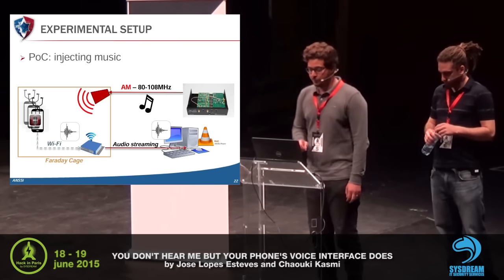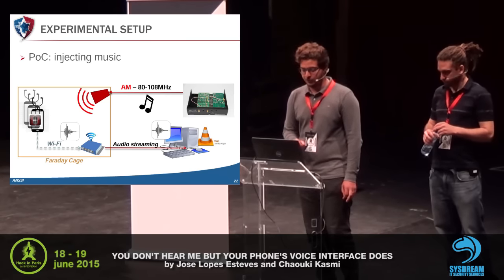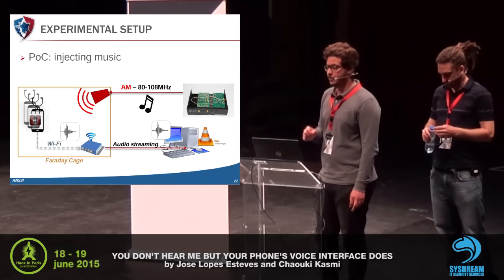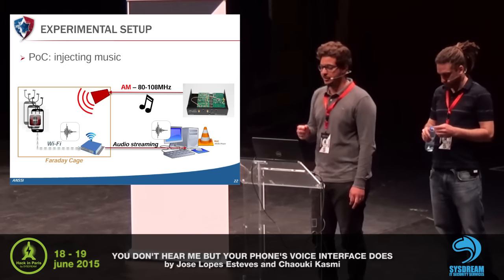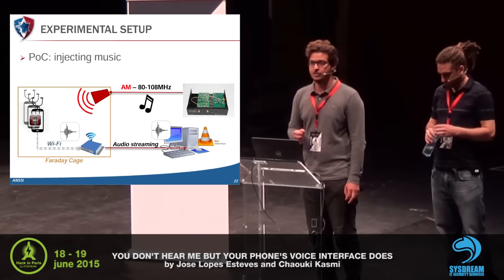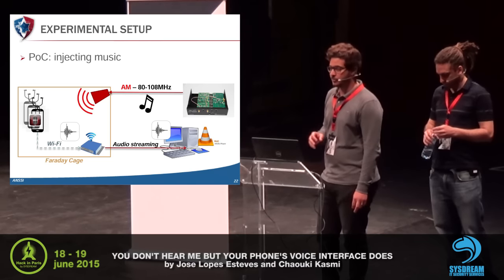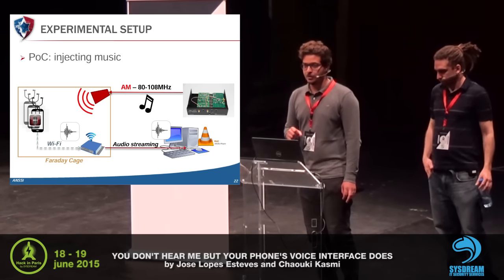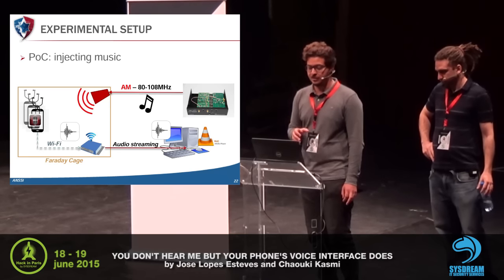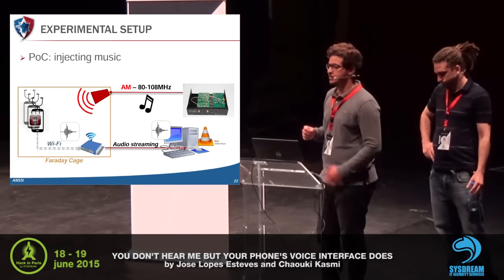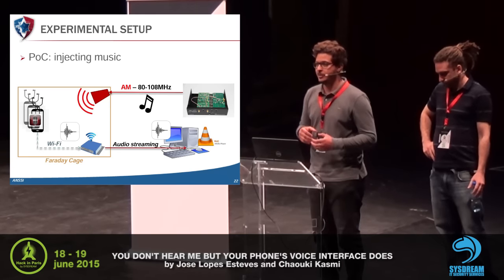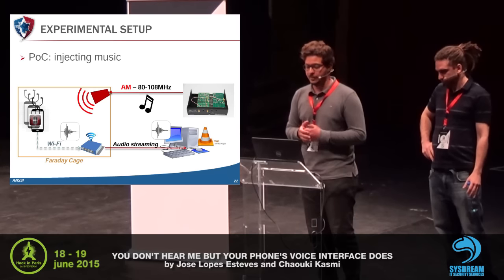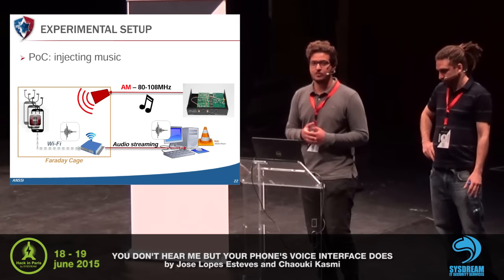The first problem we had to cope with was that generating signals in the radio frequency band is not allowed. So we put our set of targets in a Faraday cage, a shielded room, and put our transmitting antenna inside. So we have no signal from the outside, and we are not generating signal in the electromagnetic environment outside.